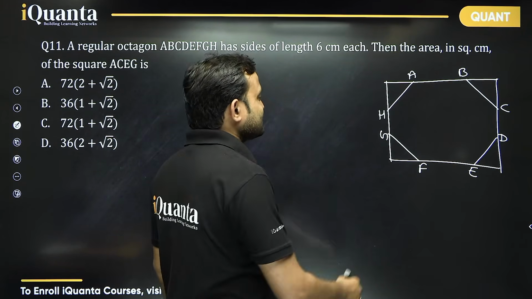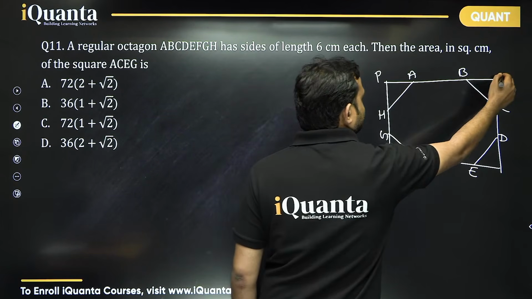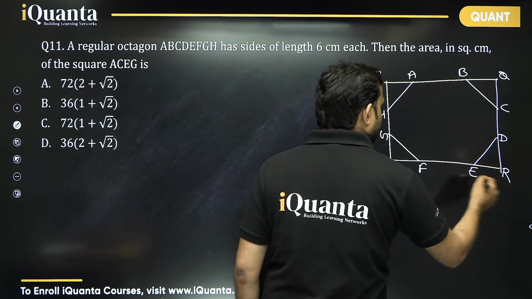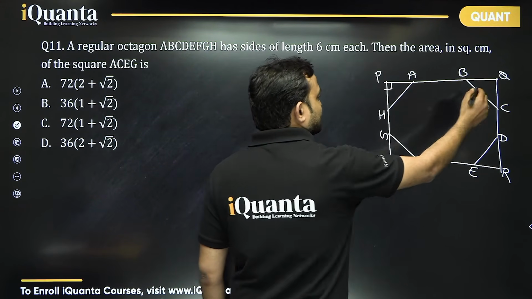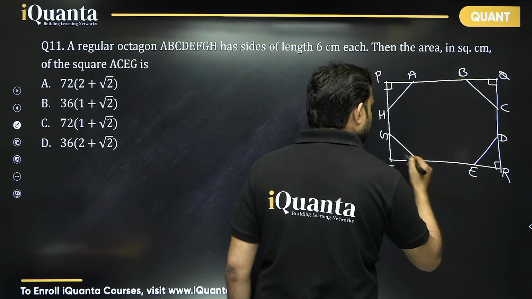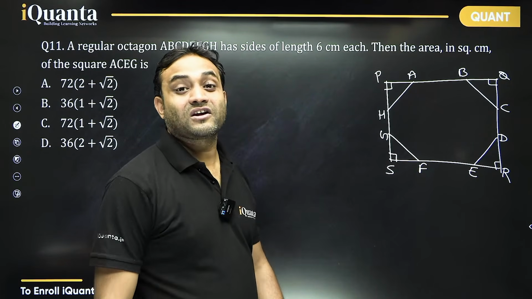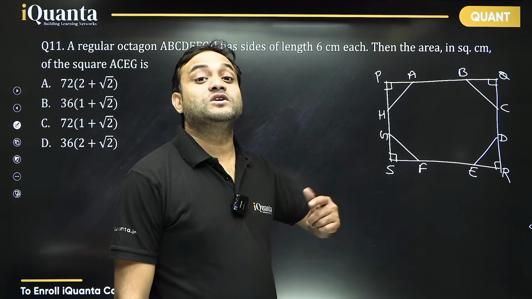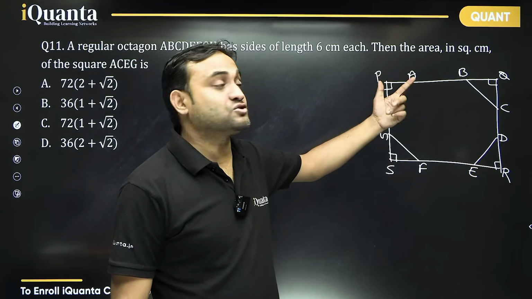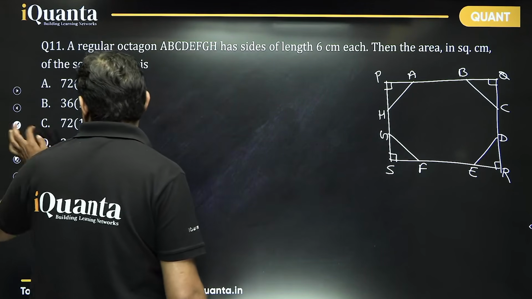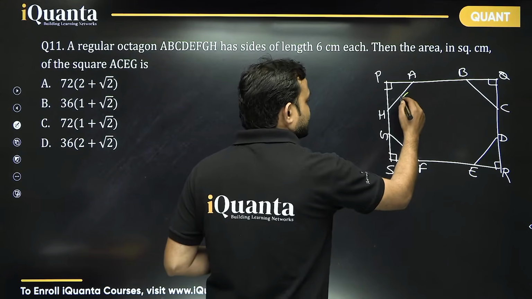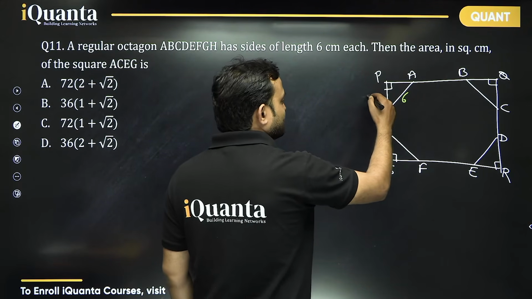Now in that case, let's say this is P, Q, R and S. Can I say all of these right angle triangles that you are seeing are right angle triangles with 2 equal sides, meaning isosceles right angle triangles, and the length AH is given, which is 6. Can I say PH will be 3 root 2?